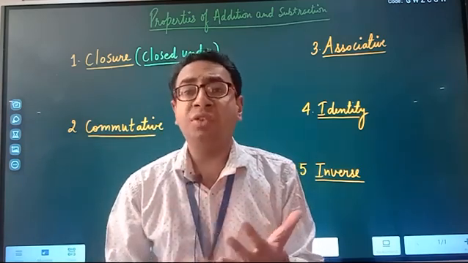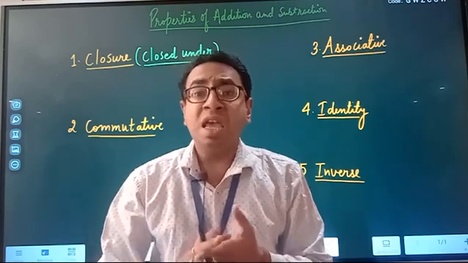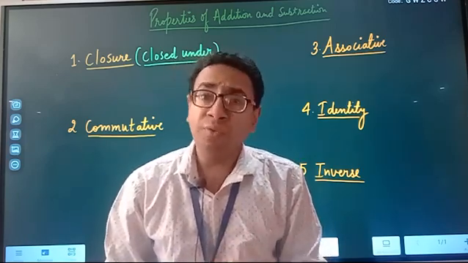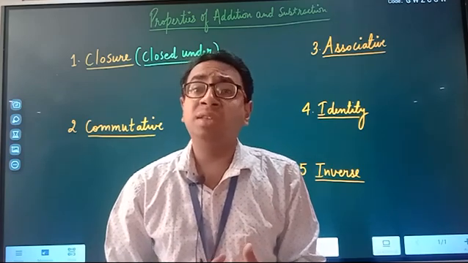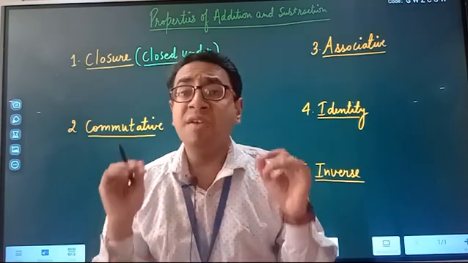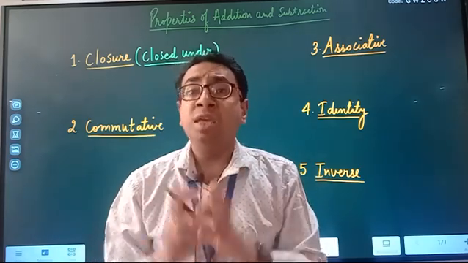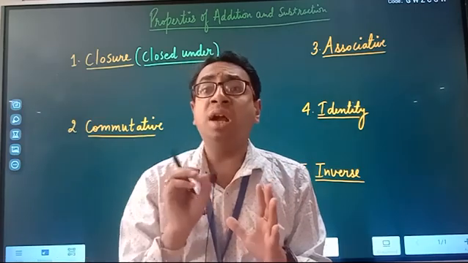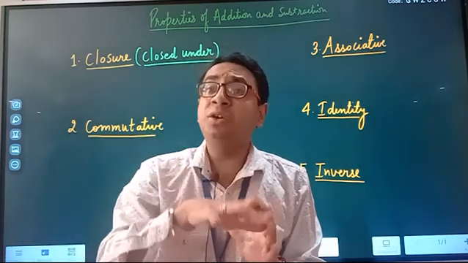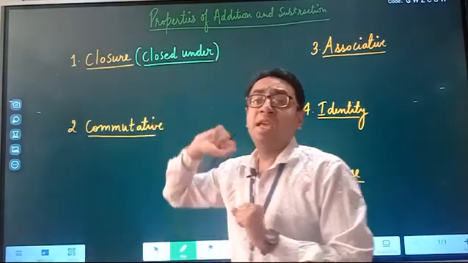Every child has to follow the rules, the norms, and the regulations of the school. Everyone has to wear the same uniform. Everyone will be getting the same syllabus. Everyone will have the same book for the same class. Everyone will have the same concepts. Everything is the same. Yes or no? So it means once you are closed under something, you are part of that. You have to follow that. This is what closure property means here.